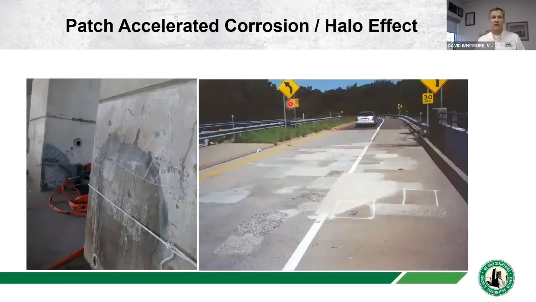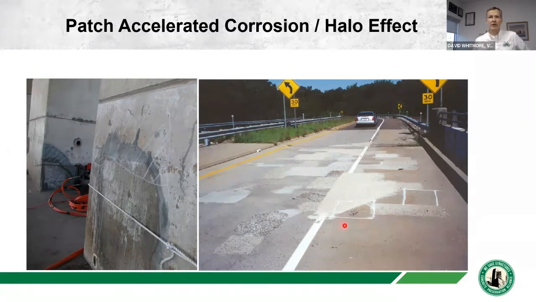Now, you've probably all seen examples of this. The photograph on the left here shows a couple of columns on a marine bridge. You can see repairs that have been previously completed here. You'll notice in the areas around the repair, and similarly on this one back over here, the delamination area has been marked out on the concrete because this area has continued to corrode, and maybe in some cases even corrodes worse after the initial repair is done.